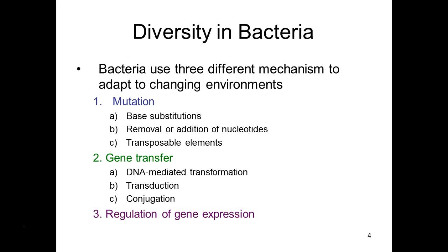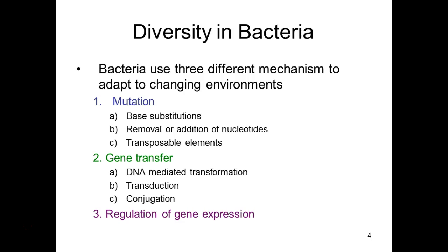The reason why we look at this, why we look at genetic change in bacteria, is because it affects, a lot of times, why and how antibiotics work. Right? So it is a pretty hot topic.